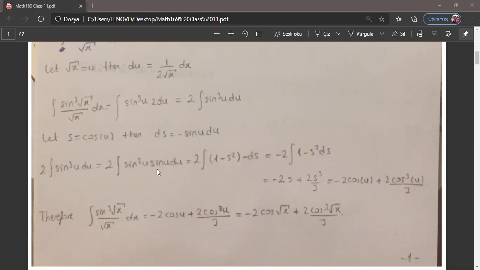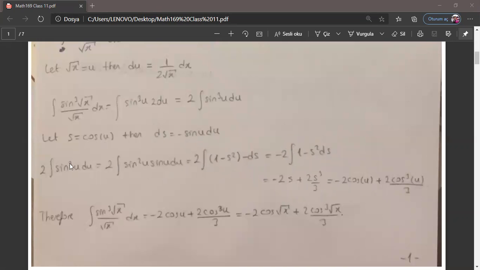We know sine squared is equal to 1 minus cosine squared, which is 1 minus s squared. So sine u du is equal to minus ds. Now we write this minus outside of the integral and integrate this one, which is so easy. So here we have the result.